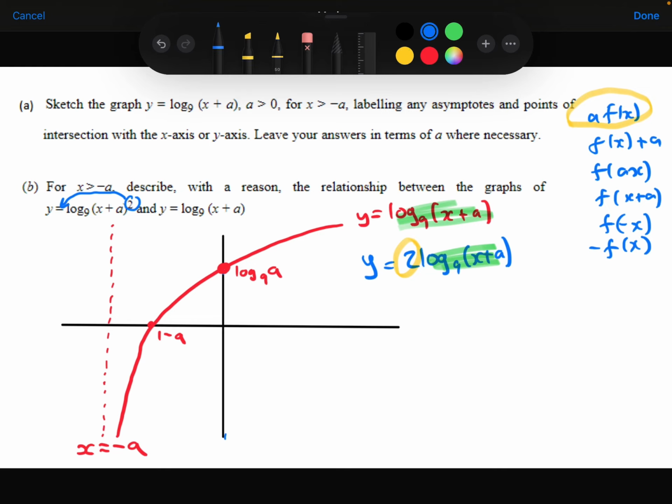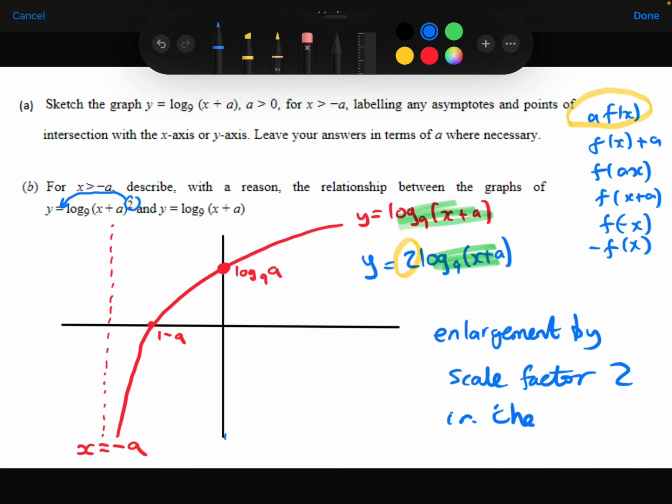Therefore, it is a stretch or enlargement parallel to the y-axis in the y direction by a scale factor 2. All of the y coordinates would get multiplied by 2.